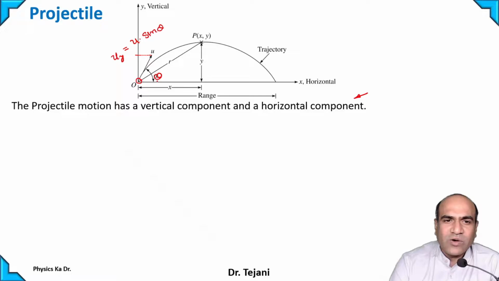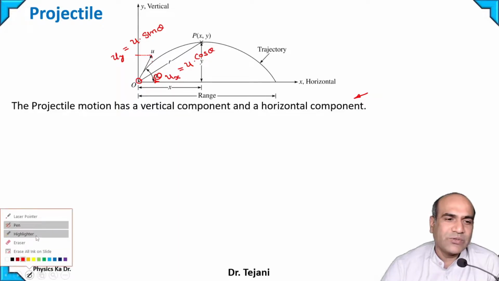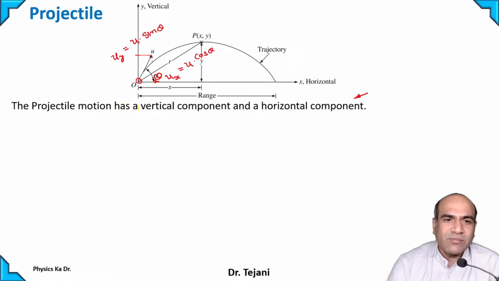Similarly, the horizontal component of u is called ux, and it is equal to u cos theta. So u has two components, one is u sine theta and the second is u cos theta. So projectile motion has a vertical component and a horizontal component.